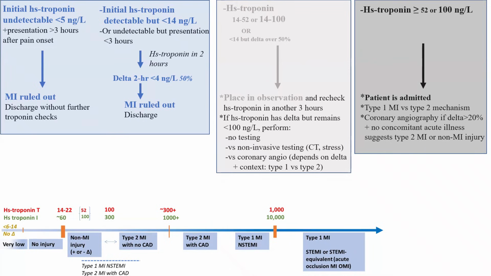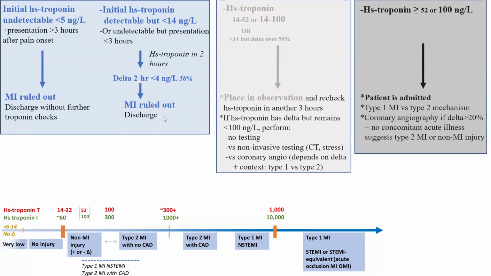The risk of type 1 MI at 30 days is less than 0.5%, and the risk of cardiac death at 30 days is close to 0%. And that's the beauty of high sensitivity troponin, and the advantage is that it identifies within that negative zone a very low risk zone where you can discharge patients home.